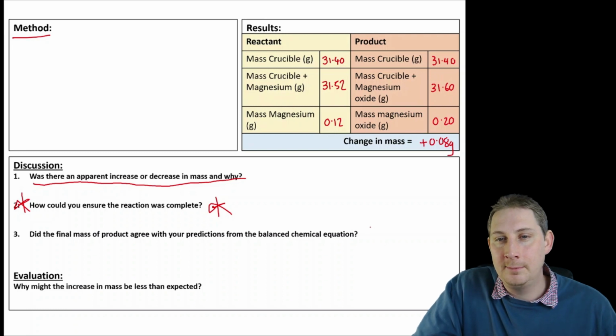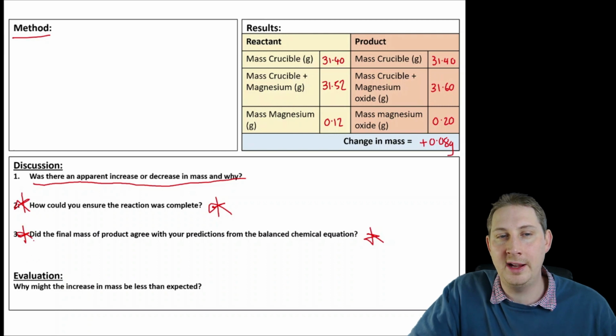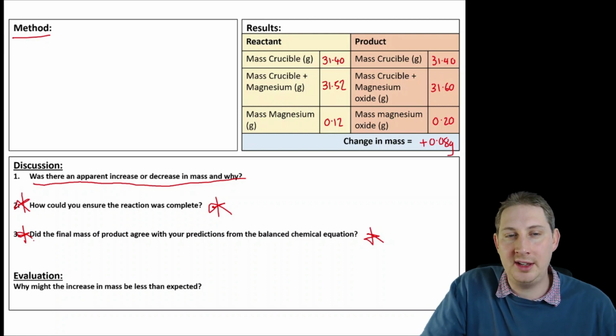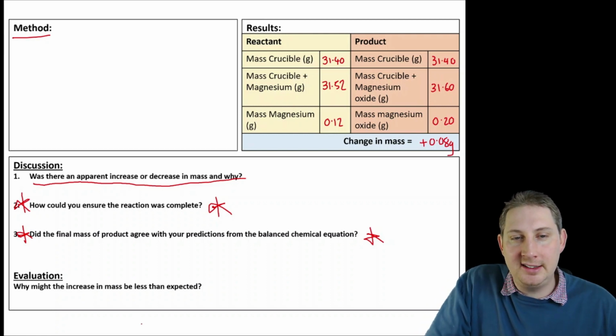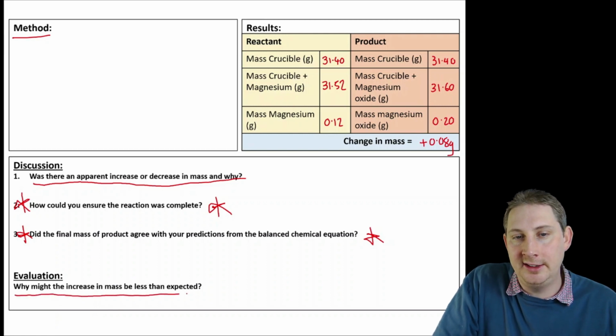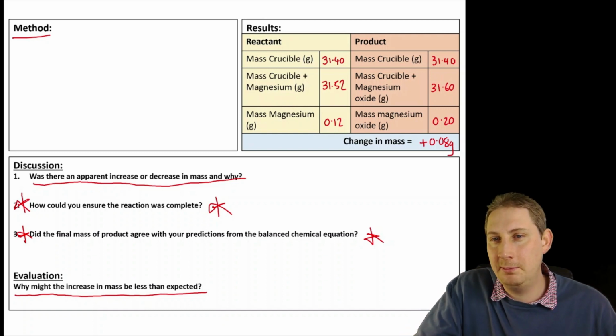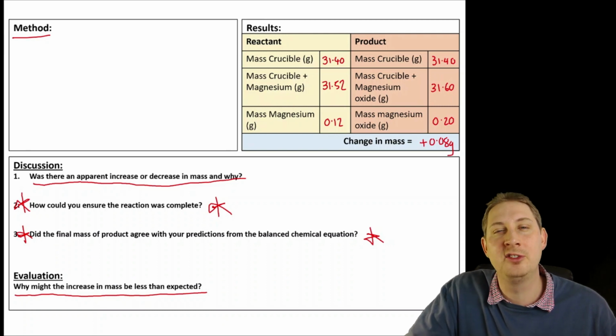And here, did the final mass of product agree with your predictions for the balanced chemical equation? You need to answer that. Another really common question, why might the increase in mass be less than expected? A very common question. Why might this change in mass plus 0.08 grams have been less than expected? I'm not telling you whether it was, but why might it have been?